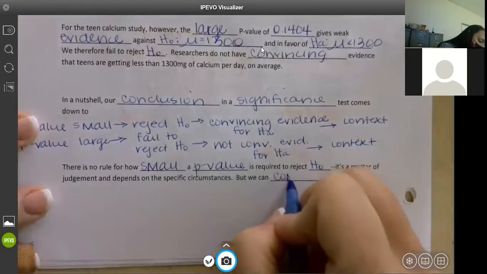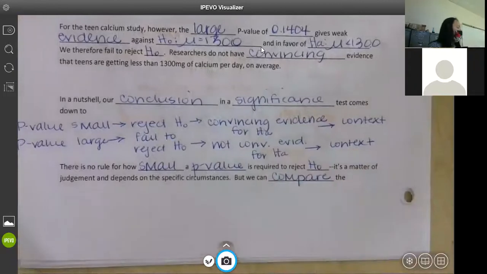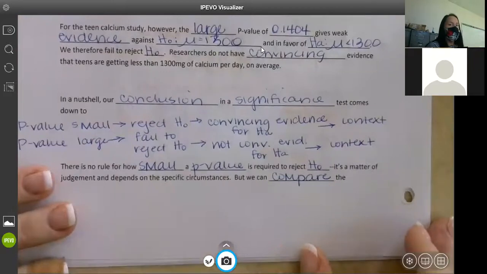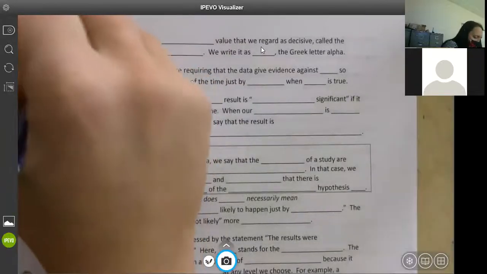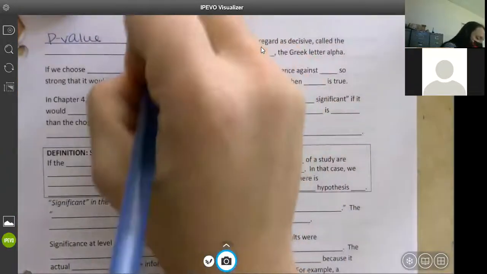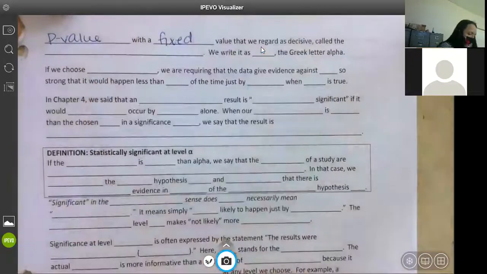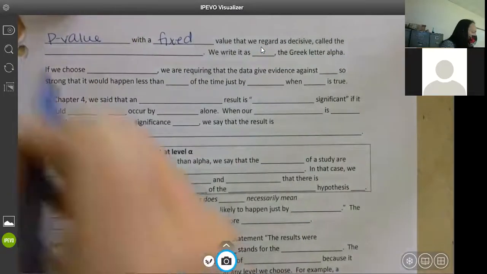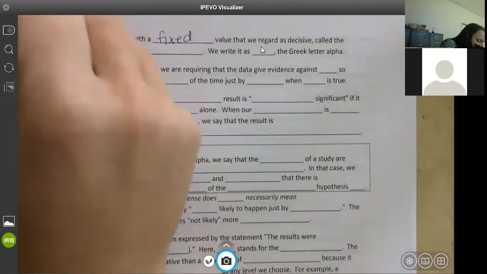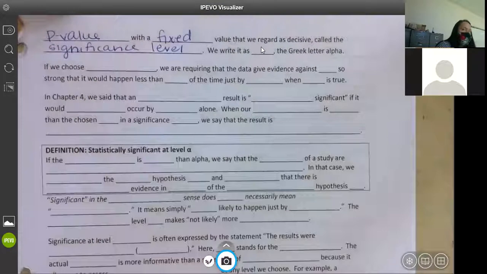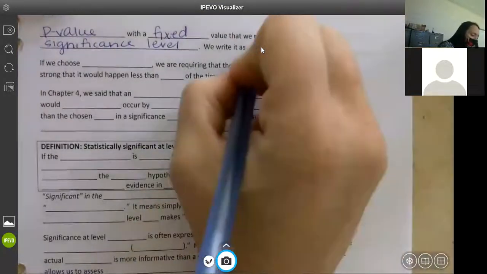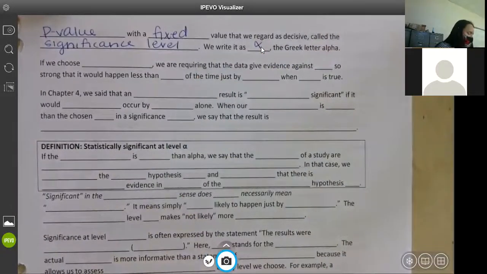But we can compare the p-value, flip it over in just a second, we can compare the p-value with a fixed value we regard as decisive, called the significance level. This is the alpha that I keep referring to. We write it as alpha, the Greek letter.